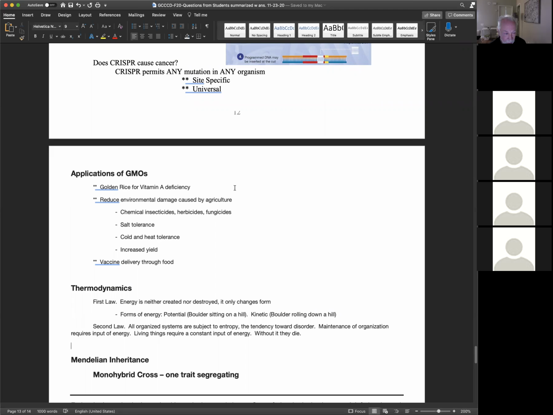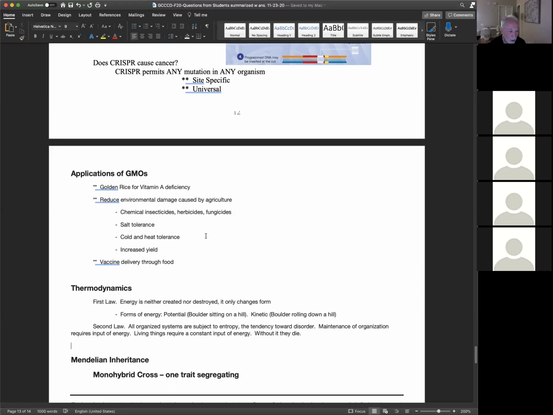So to make golden rice, the researchers took 2 genes from 2 different bacteria and put them into rice, so that now rice has a pathway for vitamin A production. And the reason it's golden, the reason it has a yellow color, is that's the color of vitamin A. And people who have vitamin A deficiency, if they eat golden rice, it remedies their deficiency. So that's one application of a GMO.